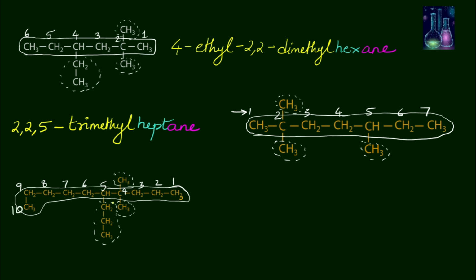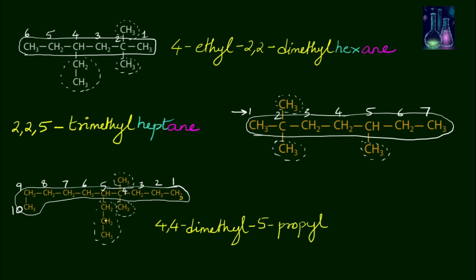Now, let's write down the substituents. At the 4th position, I have 2 methyl groups, and at the 5th position, I have a propyl group. So, obviously, M comes first. Therefore, 4,4-dimethyl, 5-propyl.